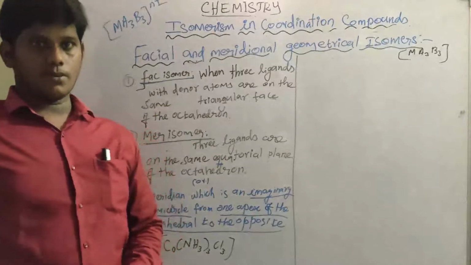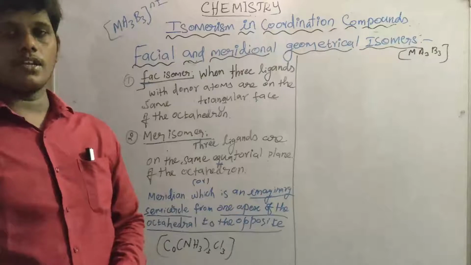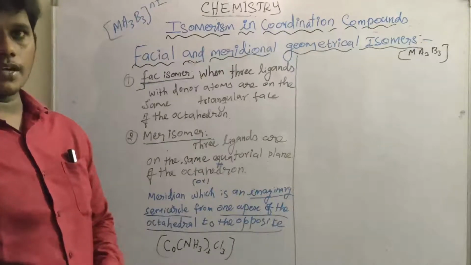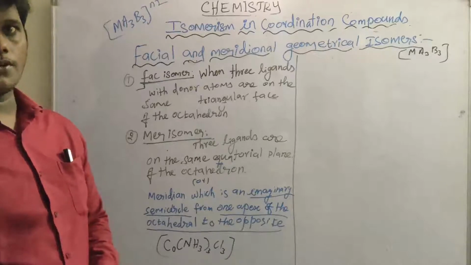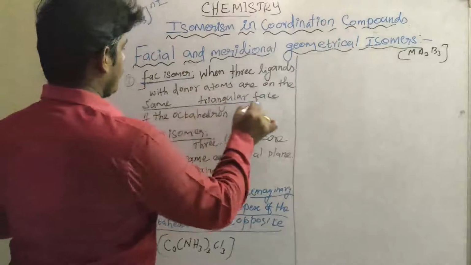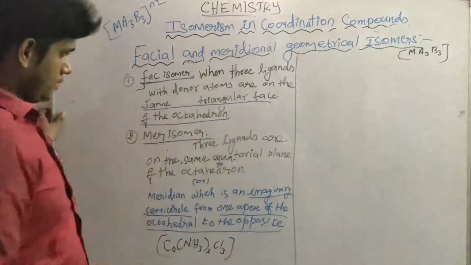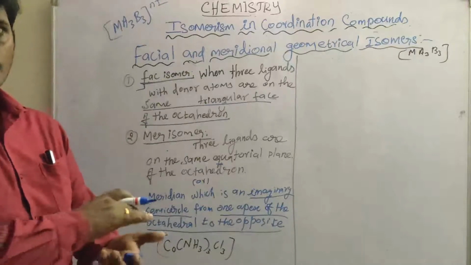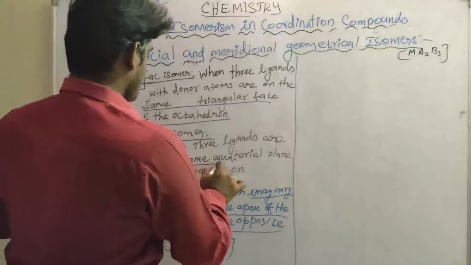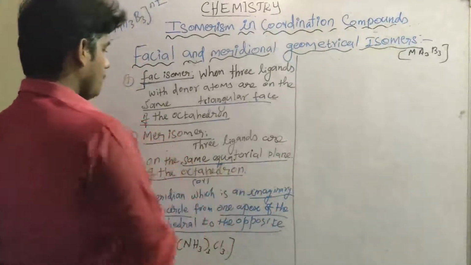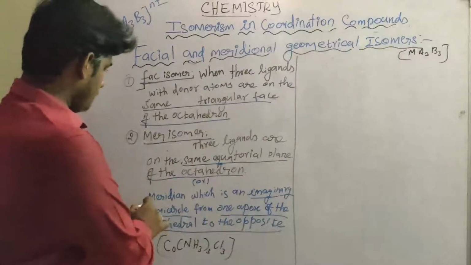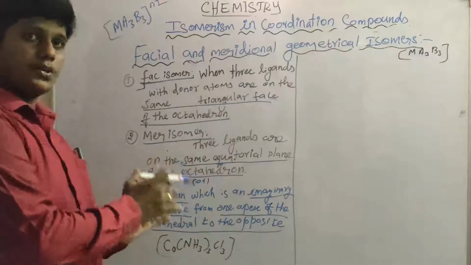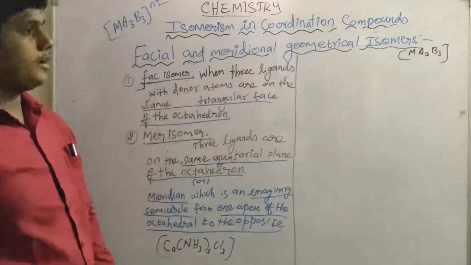First, facial isomerism or fac isomer: when three ligands' donor atoms are on the same triangular face of the octahedron, it is known as the fac isomer. In the mer isomer, three ligands are in the same equatorial plane, or along a meridian, an imaginary semicircle from one apex of the octahedron to the opposite.